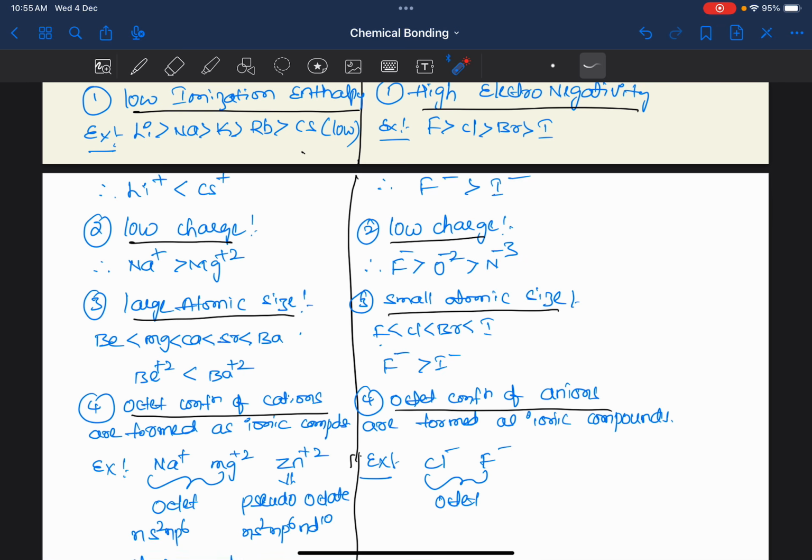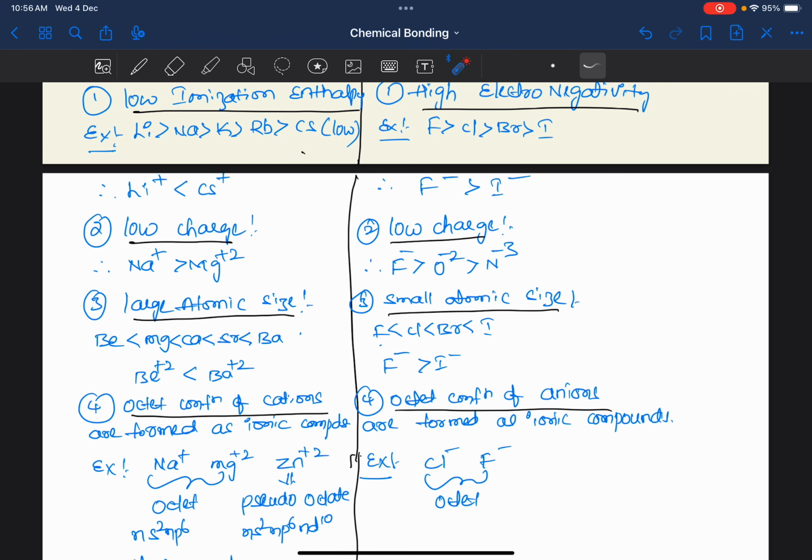Fluorine is the smallest in size, so for small elements nuclear attraction is more, because the electrons are nearby the nucleus. Therefore, the tendency of attracting electrons is easy. So fluoride ion is more easily formed than iodide ion.